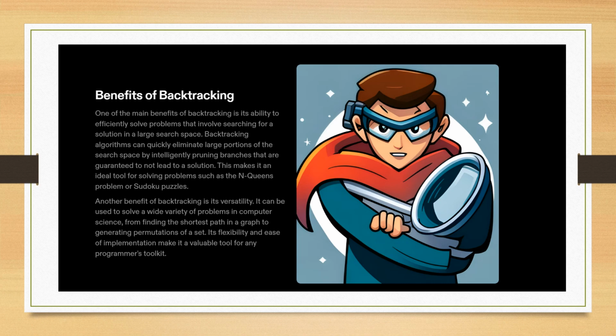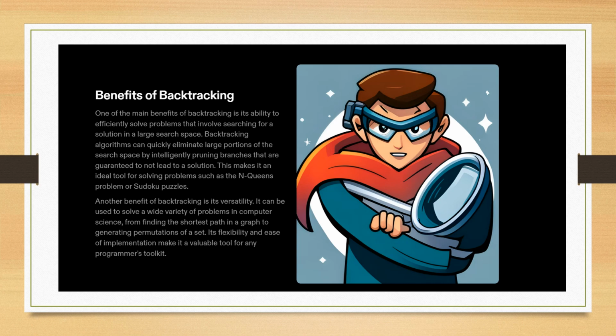One of the main benefits of backtracking is its ability to efficiently solve problems that involve searching for a solution in a large search space. Backtracking algorithms can quickly eliminate large portions of the search space by intelligently pruning branches that are guaranteed not to lead to a solution. This makes it an ideal tool for solving problems such as the n-queens problem or Sudoku puzzles.